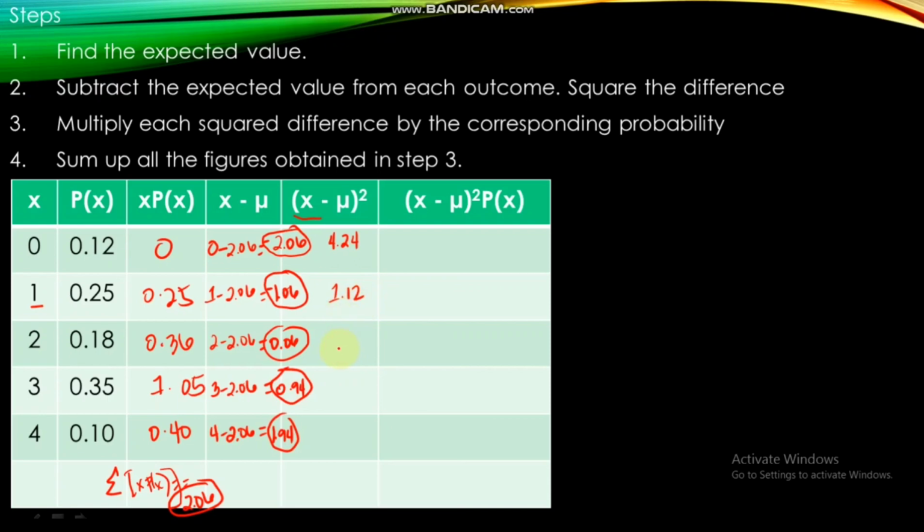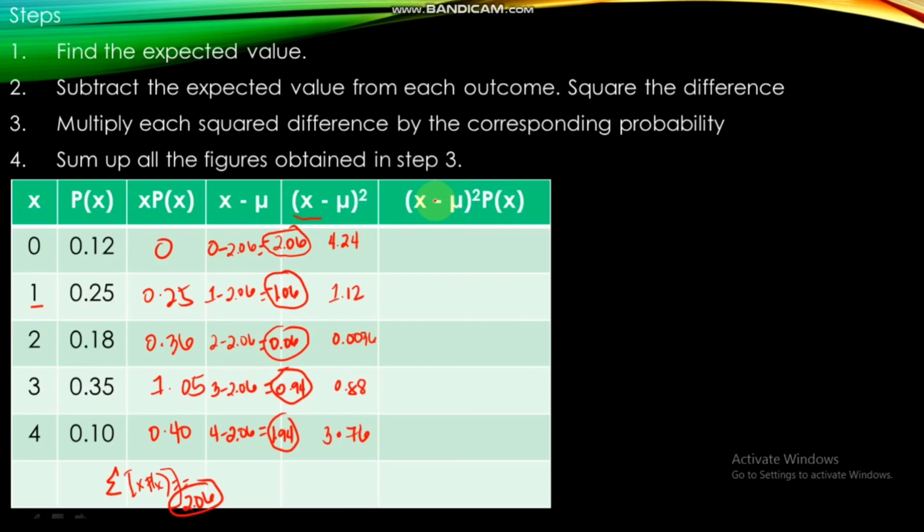Next is 0.0036, then 0.88, and then 3.76. So that is the square of x minus the population mean.